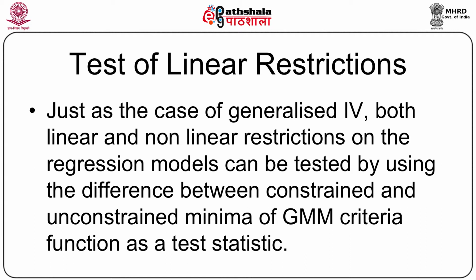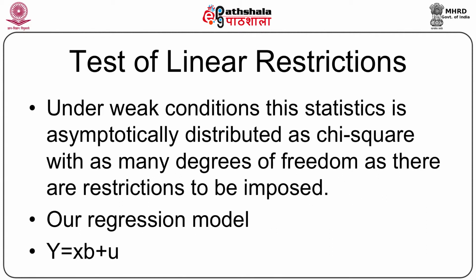So while carrying out the test, what can we do? We can first estimate the model using the restriction and estimate the model without the restriction, and take the difference between the constrained and unconstrained minimum of the GMM criteria function as the test statistic. Under weak conditions, this test statistic is asymptotically distributed as a chi-square with as many degrees of freedom as there are restrictions to be imposed.